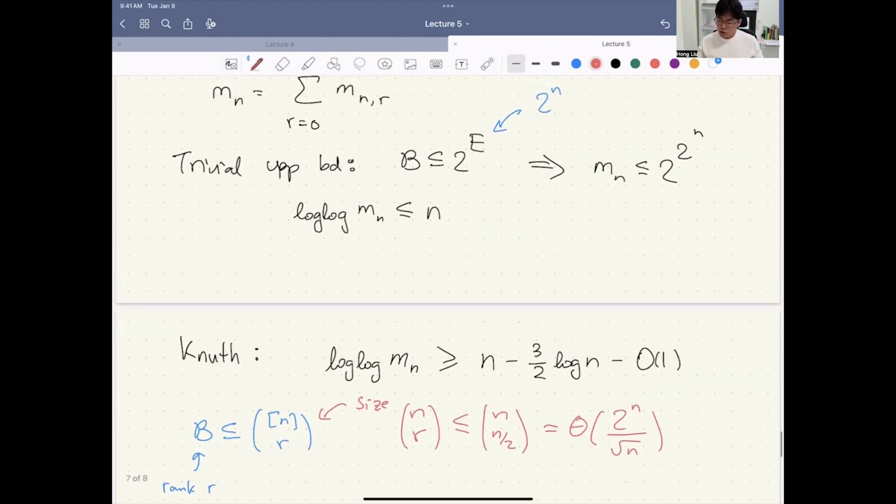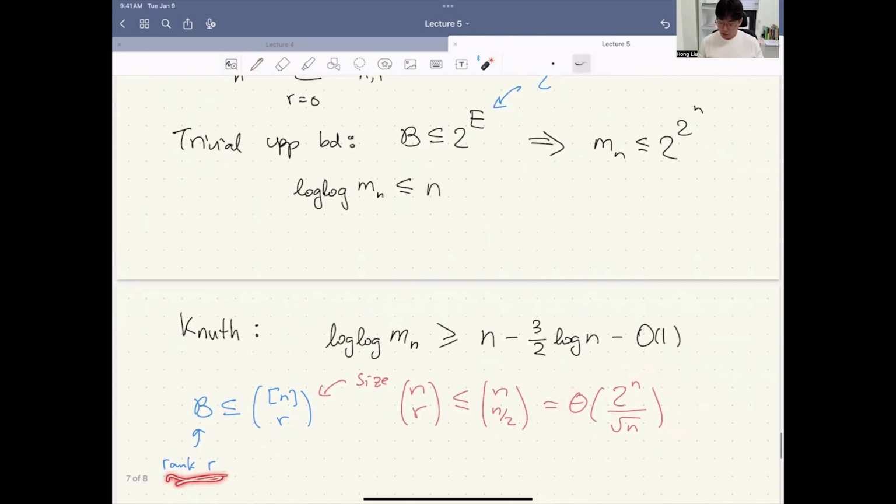So we are not choosing subsets of a set of size 2 to the n. We are actually choosing a subset of a set of size 2 to the n over square root n if we fix the rank.